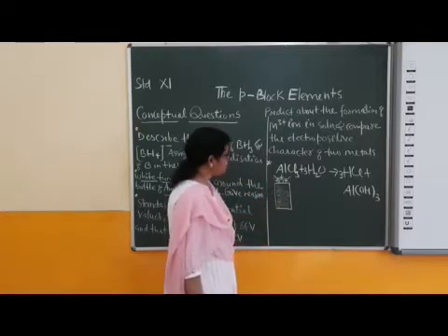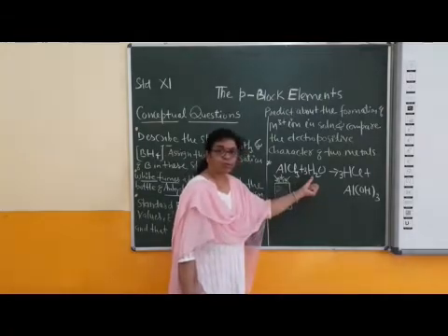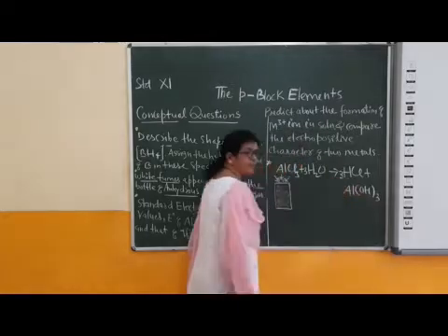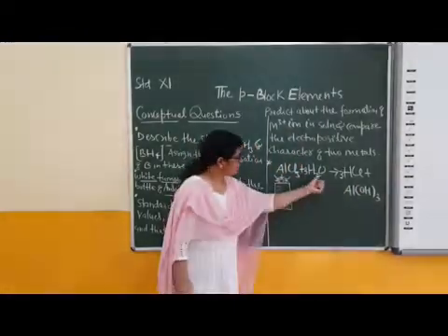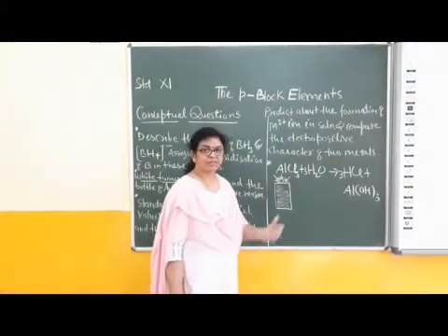Now is this reaction balanced or not? Check it. Aluminium 1. 3 into 2, 6 hydrogen atoms. 3 plus 3, 6 hydrogen. Chlorine 3 atoms, 3 chlorine. Oxygen 3, oxygen 3. This is a balanced reaction equation. Answer is based on this equation.